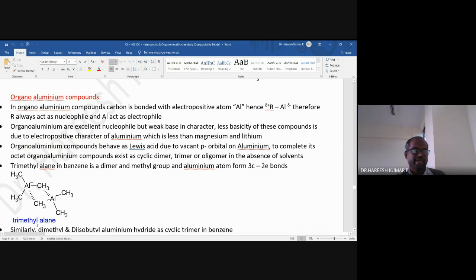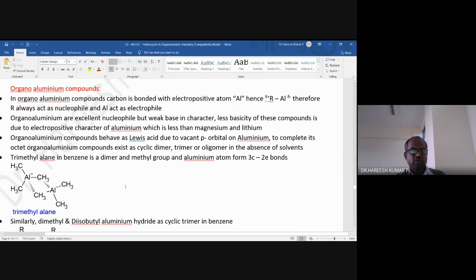This is a three-centered two-electron bond, that means only two electrons are there, but it is a three-centered one. Two such bonds are available in trimethyl alane. With this, I will go to the next.